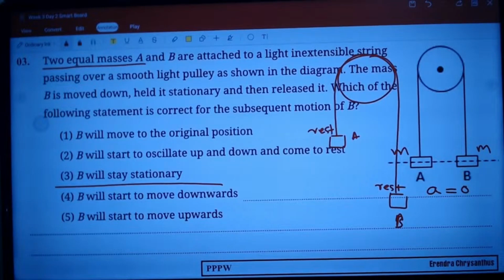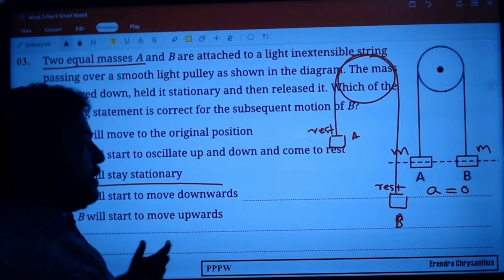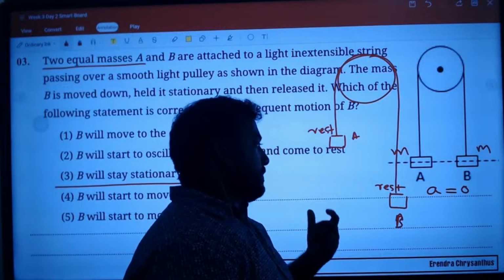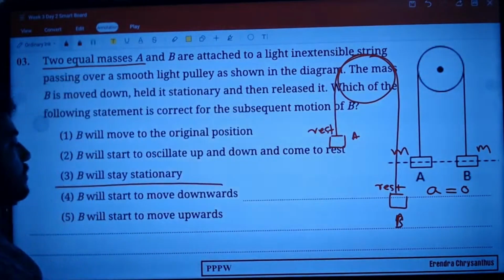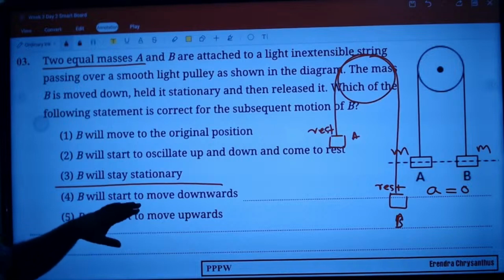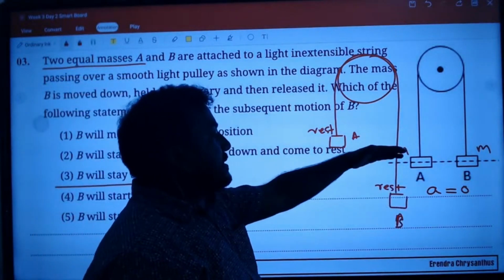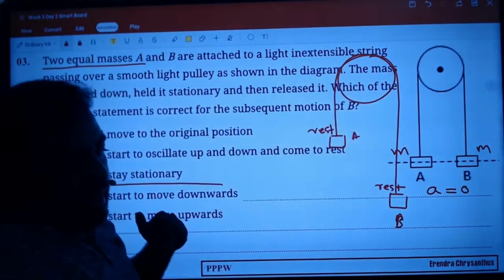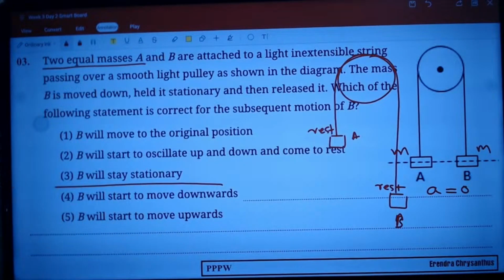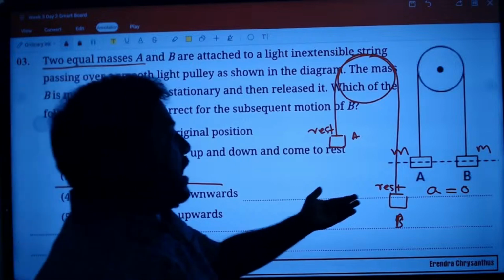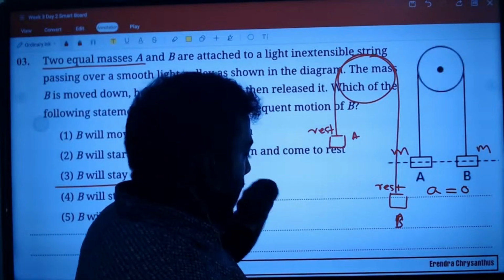This means wherever we move object B, it cannot start to move.